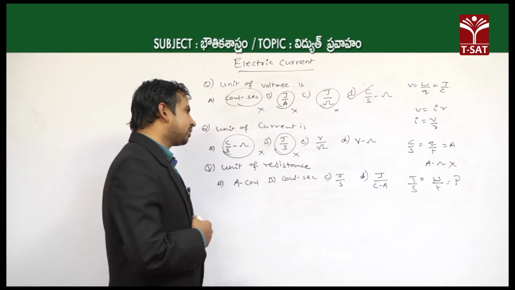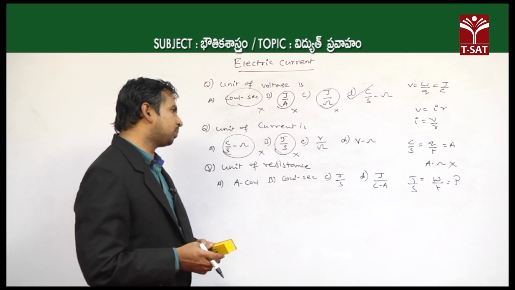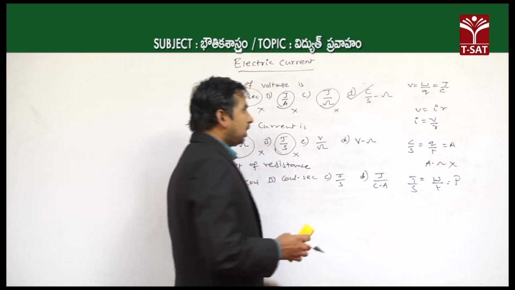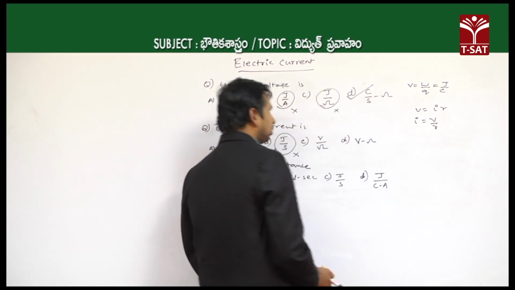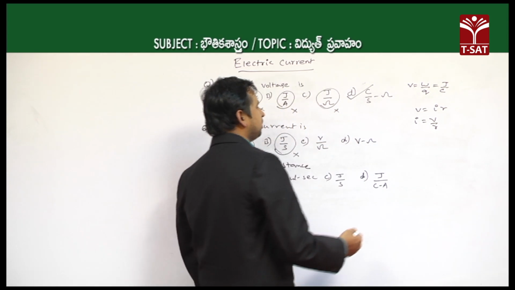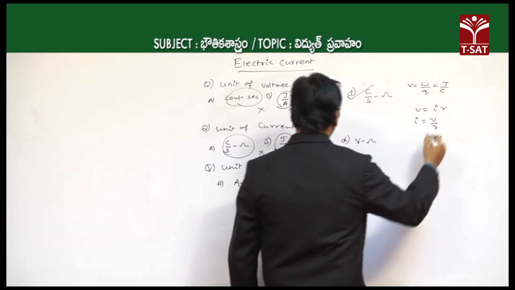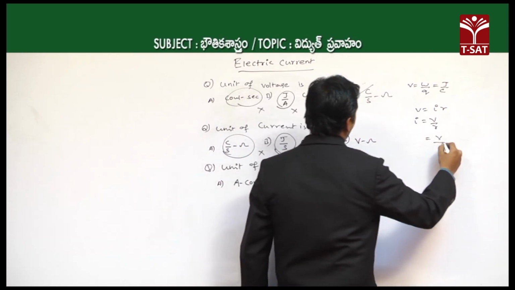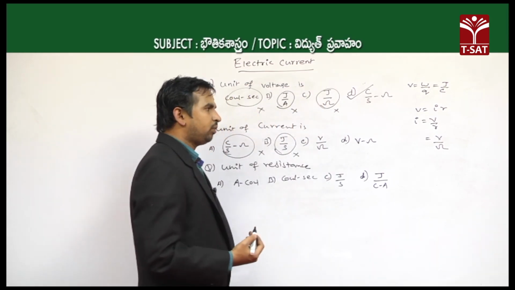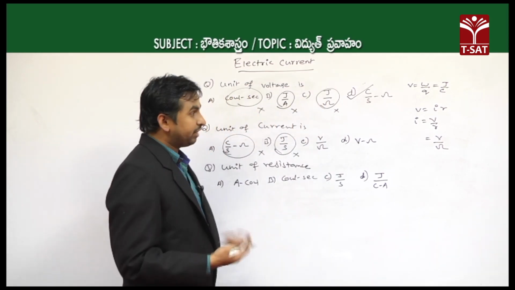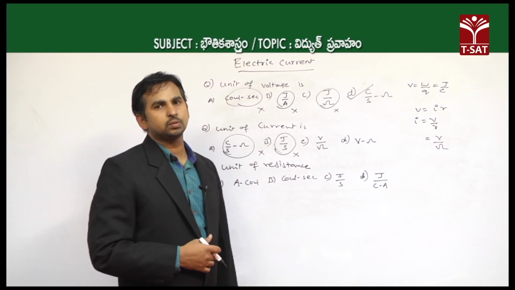When we come to option C, volt per resistance is given. As V = IR, we have I = V/R. The voltage we represent with V, and the resistance with ohm. So for current, instead of ampere, we can also write volt per ohm.